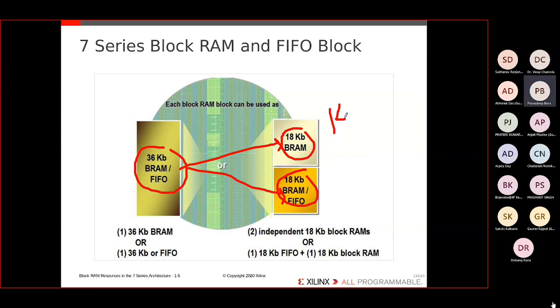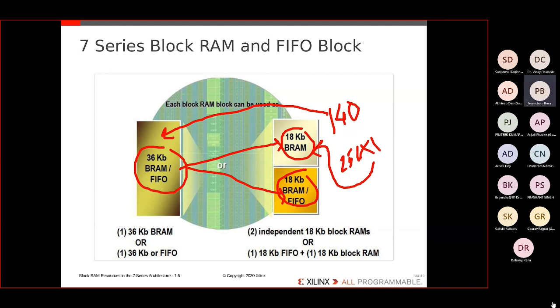In the Zed board that we are using, we have 140 chunks of 36 kilobit block RAM in silicon. But the disadvantage is, let's say I want to implement a small RAM, 256 by 1. It will use a minimum of 18 kilobits. It cannot divide further than 18 kilobits because it is a dedicated resource. It is configurable, but not programmable bit by bit.